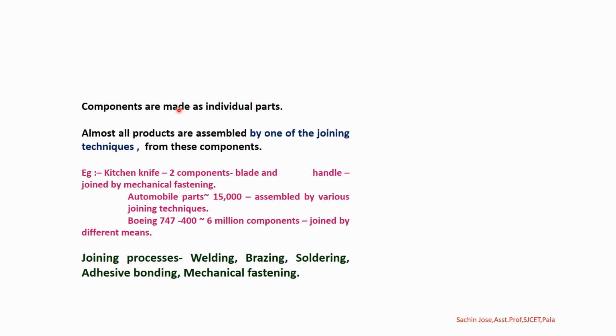They are manufactured as individual parts and assembled by joining techniques. So if you look at a kitchen knife, it has different components: the blade and the handle joined by a mechanical fastening. Here you can see it could be a riveted joint.